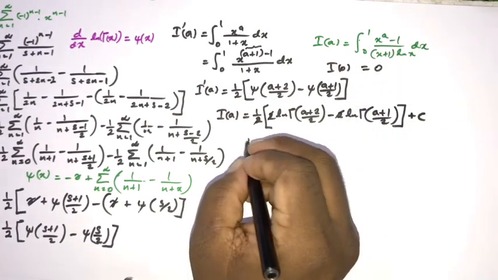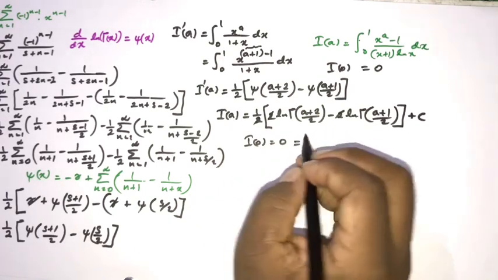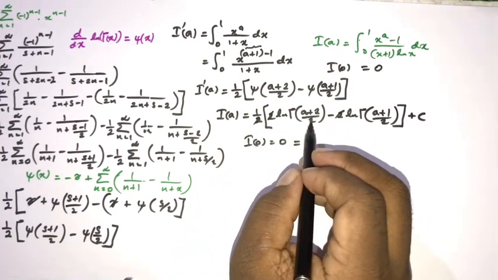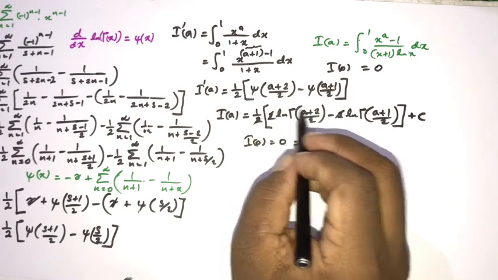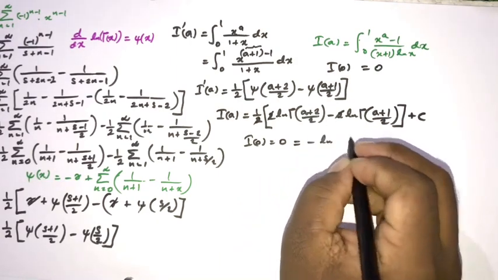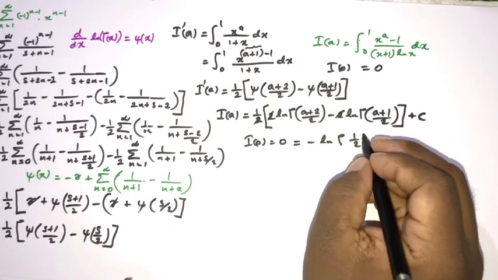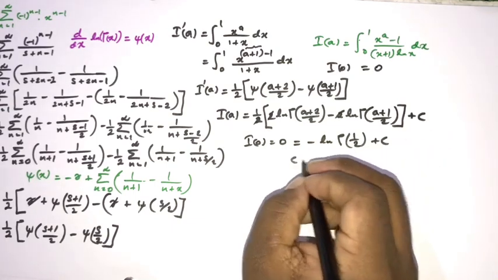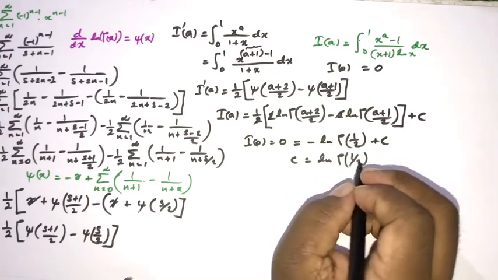So I of 0 is equal to 0, and now if we plug in 0 here, we know gamma of 1 we know 1, natural log of 1 we know 0, so here minus natural log of gamma of 1 half, so 0 equals 1 half plus c, so c is equal to natural log of gamma of 1 half.